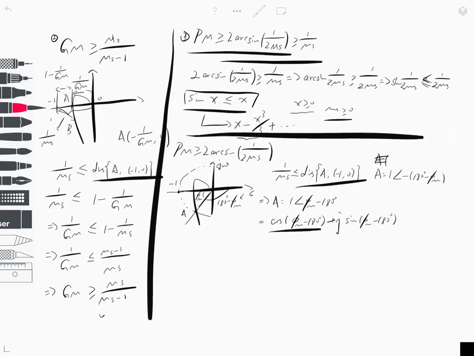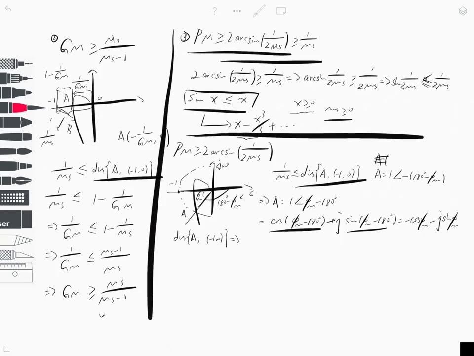And you know, if there's a 180 inside a cosine or a sine, you can simplify it to minus cosine phi m, in this case, minus j sine phi m. Okay, now we got the coordinates of A. What do we do next? We find the distance between A and -1, 0, right?